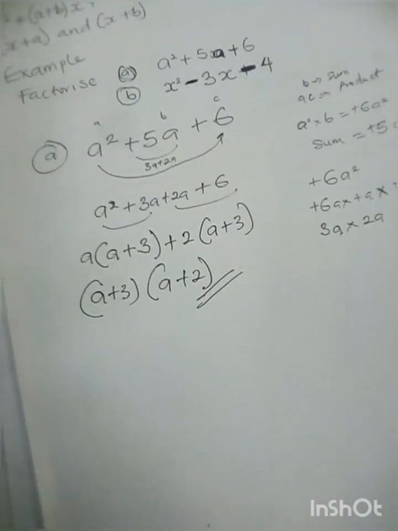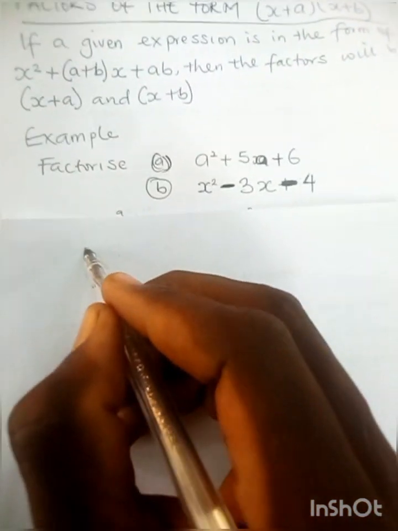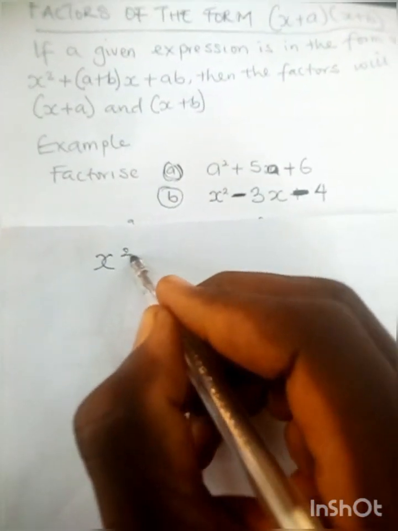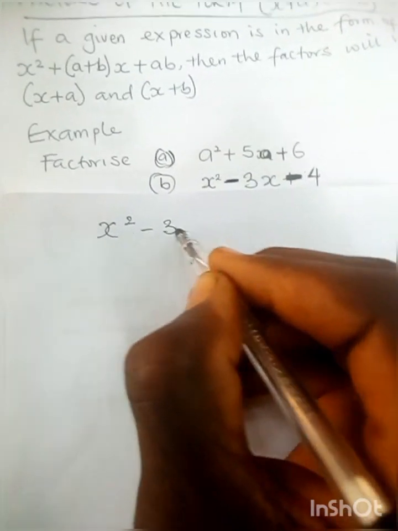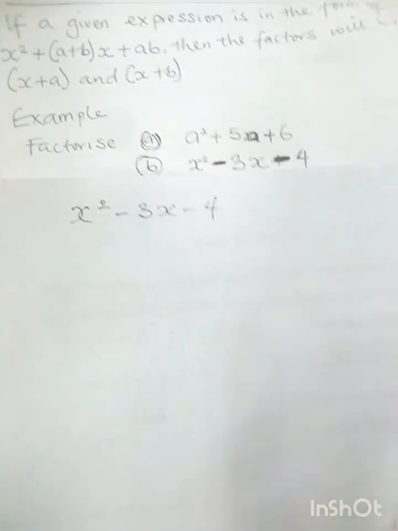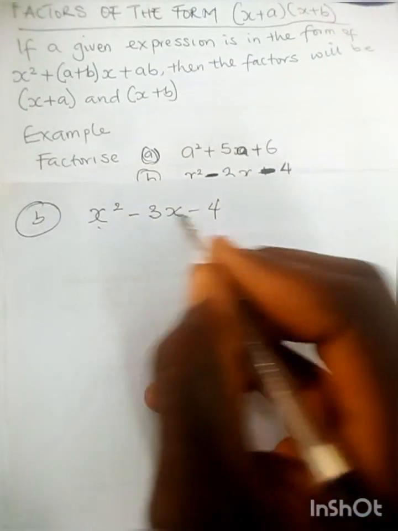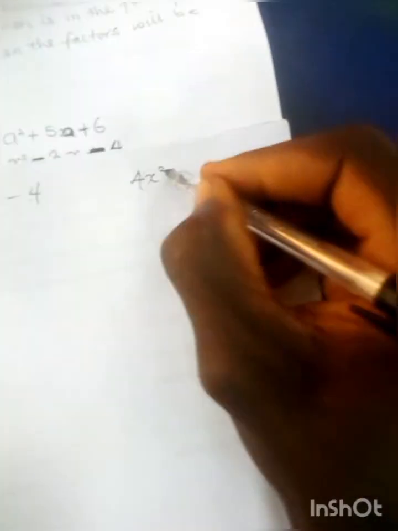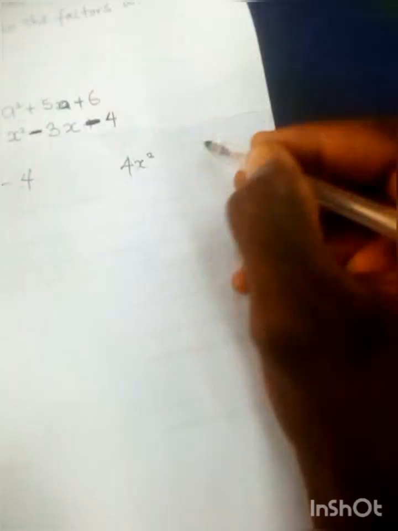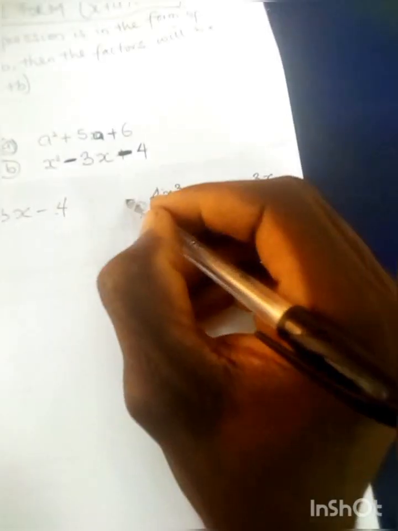So let's see the solution to the next one, which is x squared minus 3x minus 4, like we said before. Now we'll bring this one multiplied here will give you what? 4x squared, right? Then this center minus 3x, then minus 4. Now which two numbers do we multiply that will give us that?